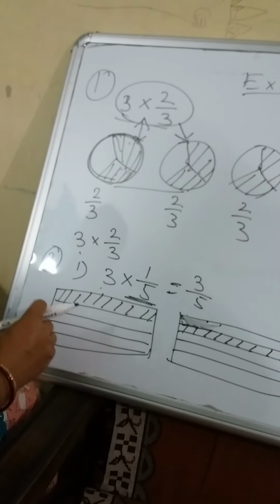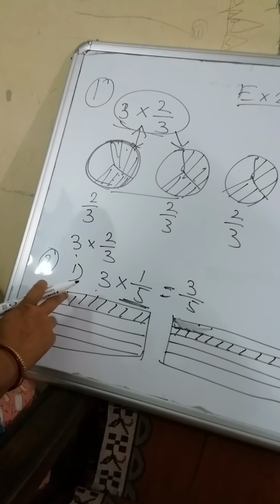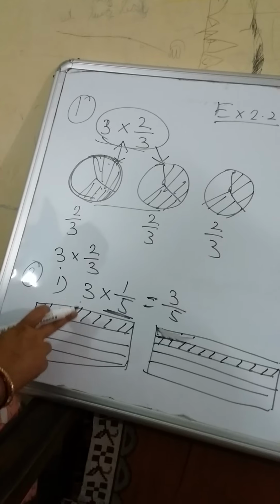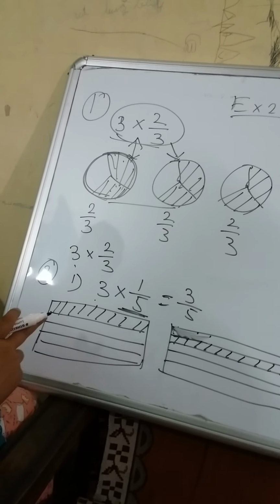So you can see from this diagram, it is divided into 1, 2, 3, 4, 5 equal parts, and one of it is shaded.